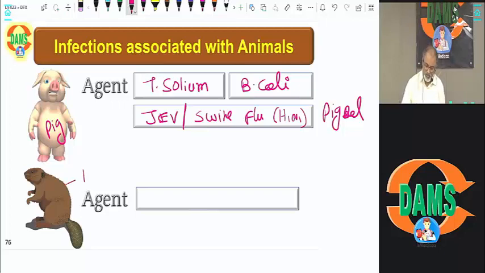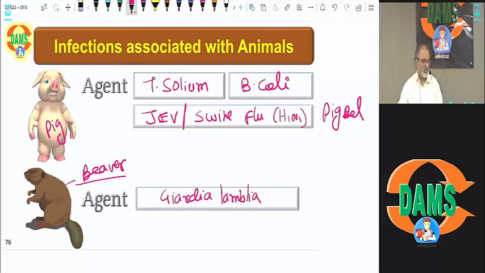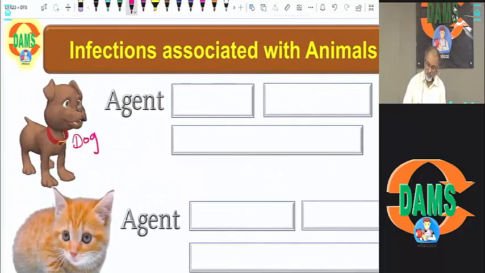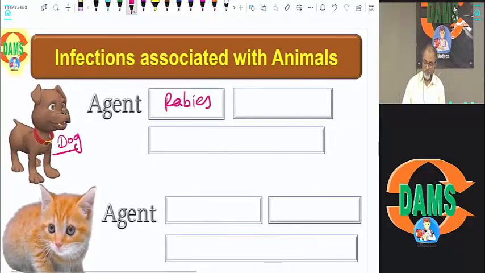This is beaver. Beaver fever is caused by Giardia lamblia or Giardia intestinalis. What is this animal? Dog. Rabies. Apart from that, dog tapeworm, Echinococcus granulosus.